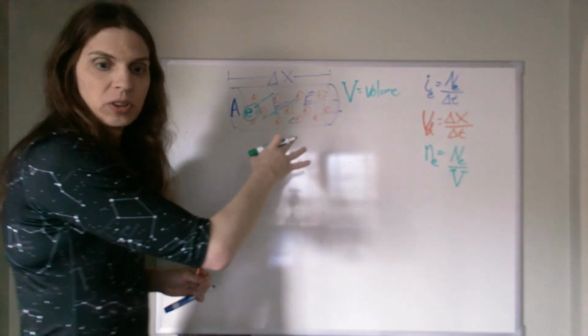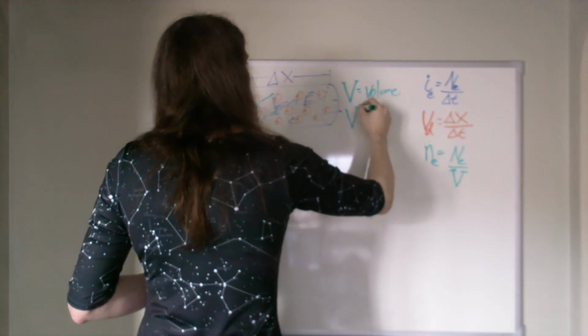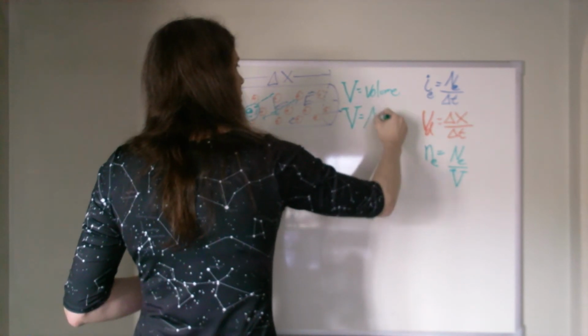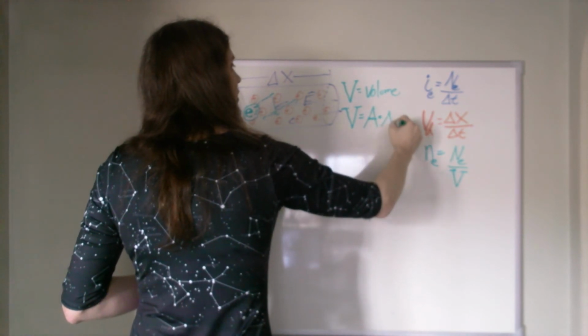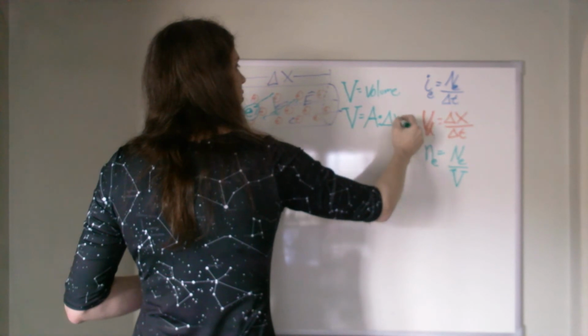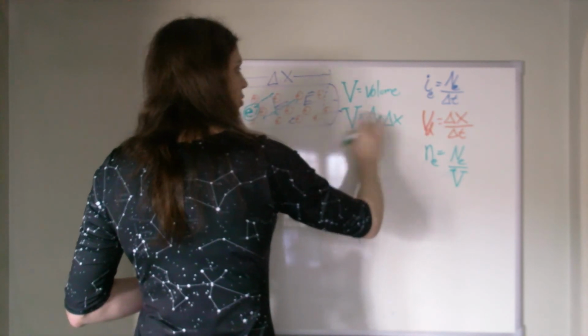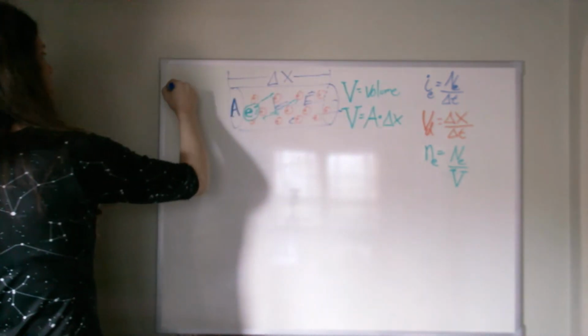And if we have a cylindrical wire here, that volume then gets to be that cross-sectional area A times that change in position.